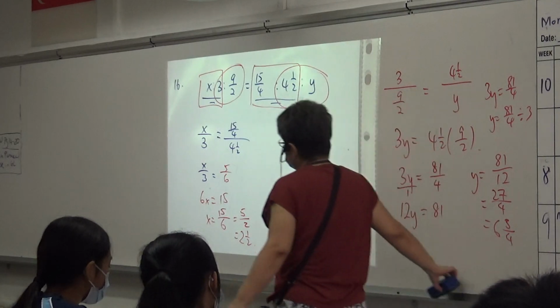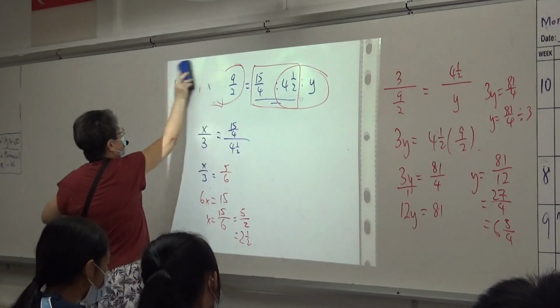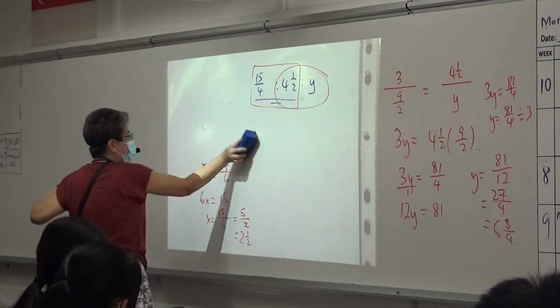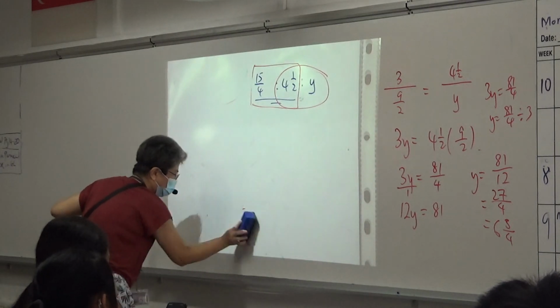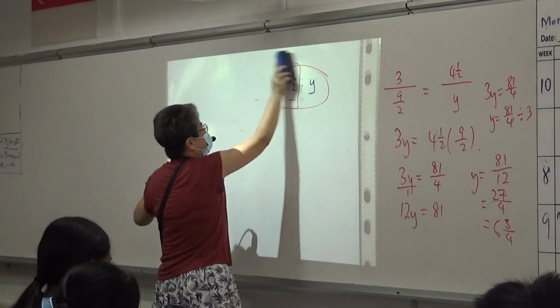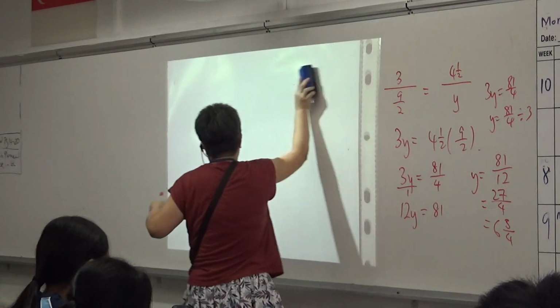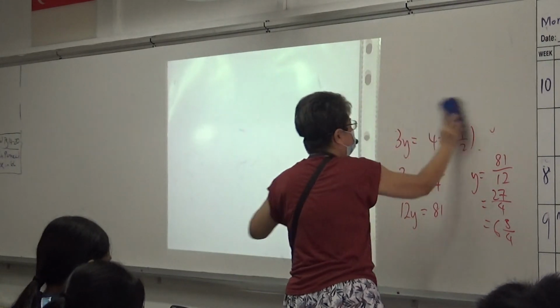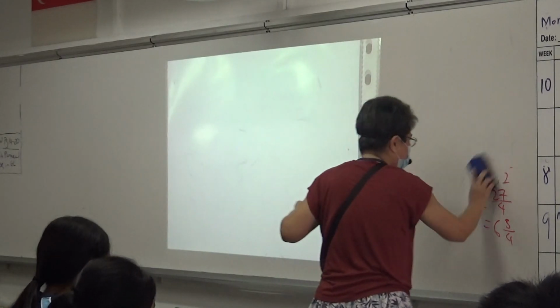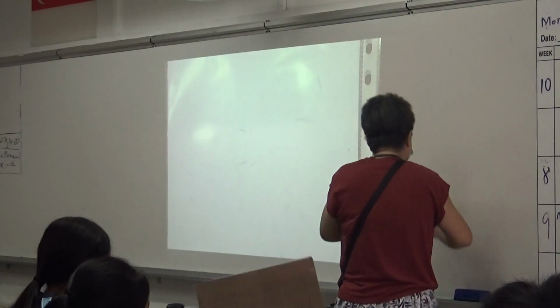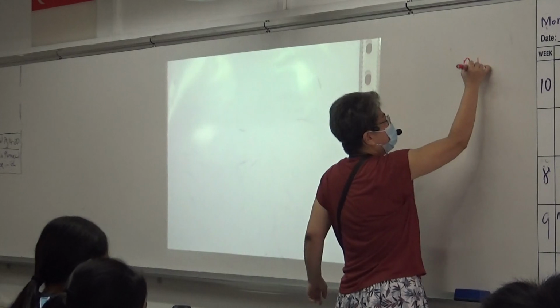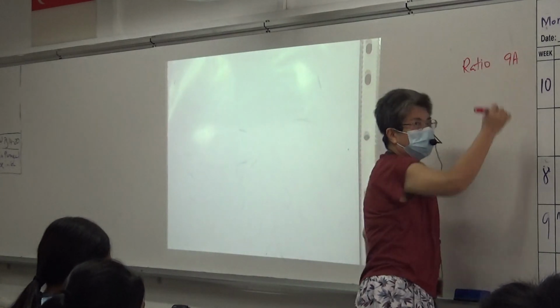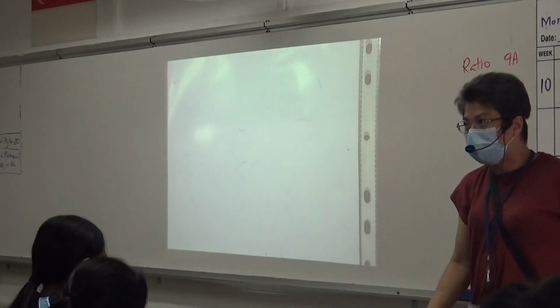Alright. Now, since we're okay with that, continue to turn to page 14. Okay? I will finish up the rest of the question on ratio. Once I finish the whole question on ratio, I will give you a 9-day homework.